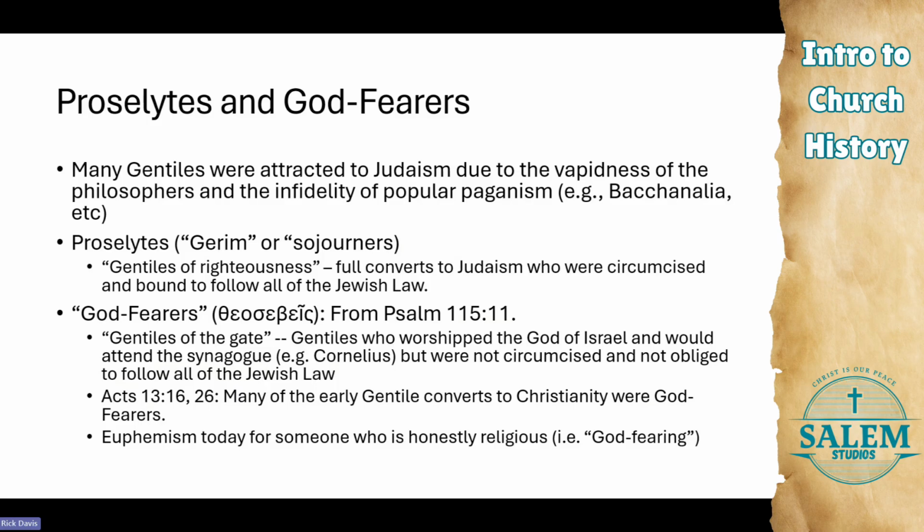And so proselytes, or gerim, this is from the Hebrew term for sojourners that we see in the Old Testament. These were also called the Gentiles of righteousness. These were people who were full converts to Judaism, who were circumcised and bound to follow all of the Jewish law. We know Jesus chides the Pharisees that they would go all across the world to find one proselyte, and yet they would make him twice as much a son of hell as they themselves.